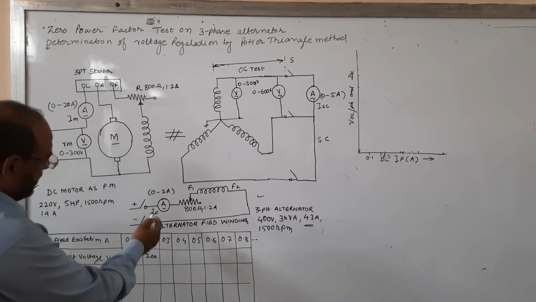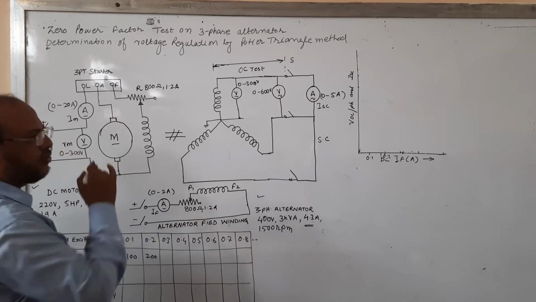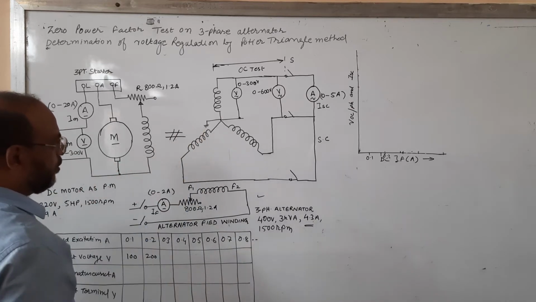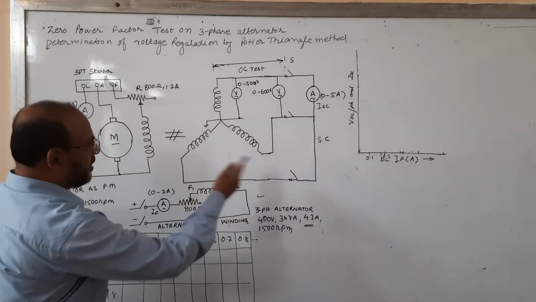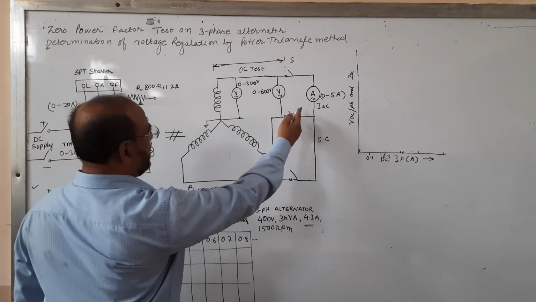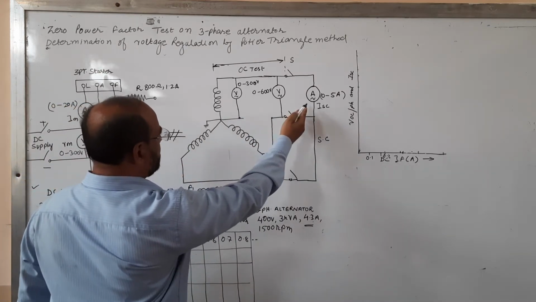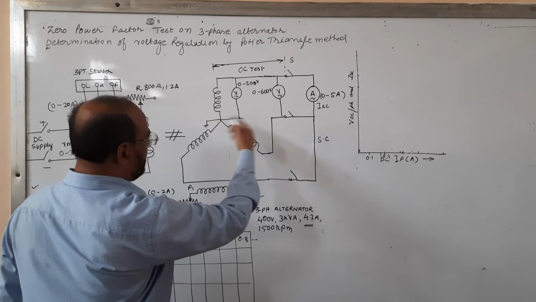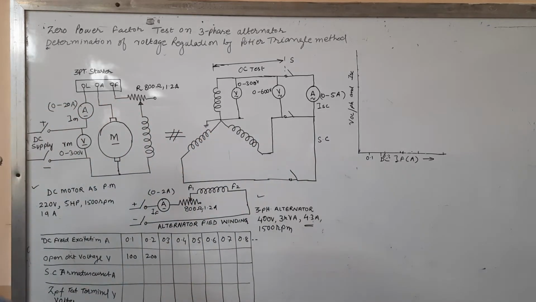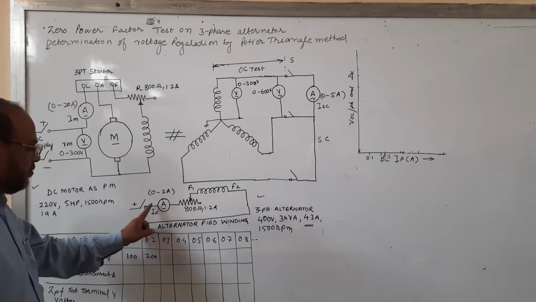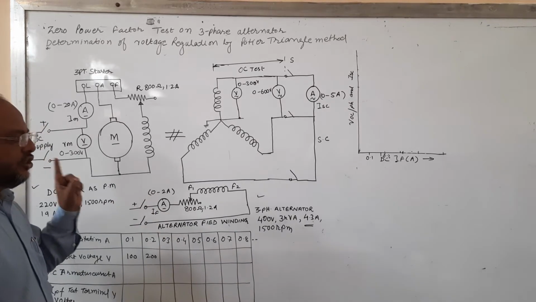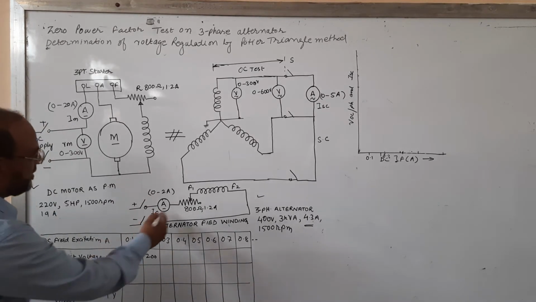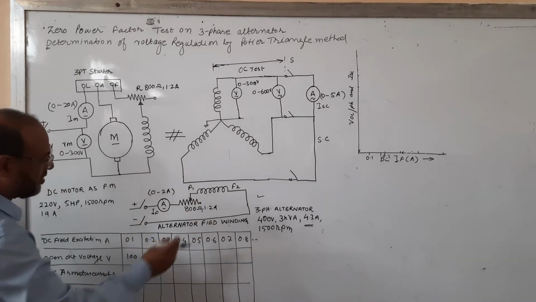You ensure that the excitation current should be 0, otherwise a heavy current will flow, it will damage the instruments connected, like the ammeter especially, as well as it will damage the alternator. So be careful that your DC excitation current is 0. Now as soon as we increase the excitation current, the current drastically increases.